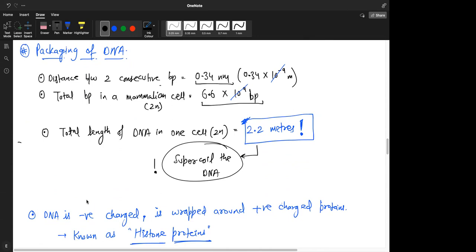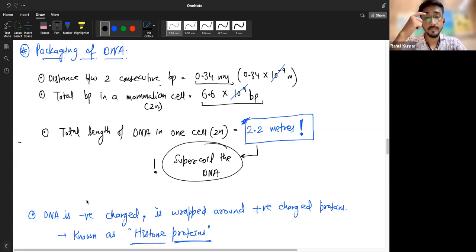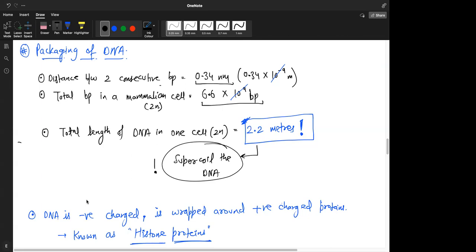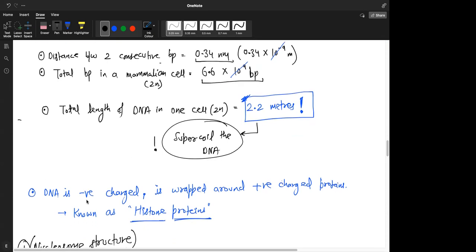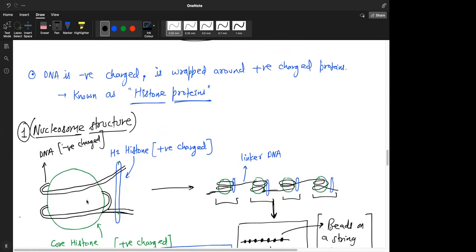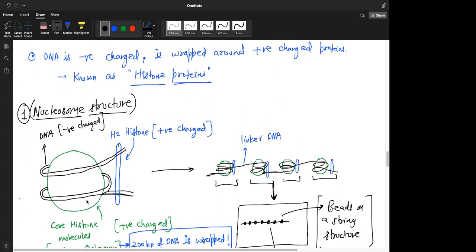The total base pairs in a mammalian cell is 6.6 into 10 raised to 9, and the total length of DNA in one cell is 2.2 meters, so supercoiling of DNA happens. DNA is negatively charged and is packed with the help of positively charged proteins known as histone proteins.